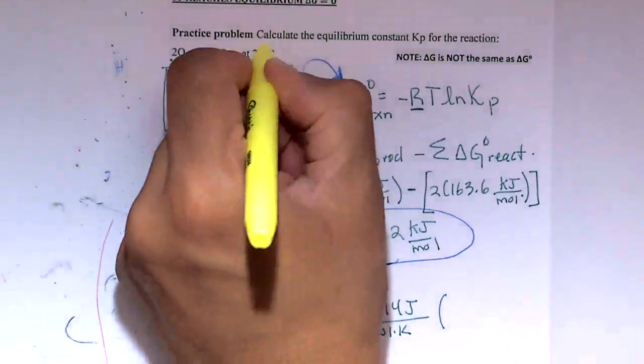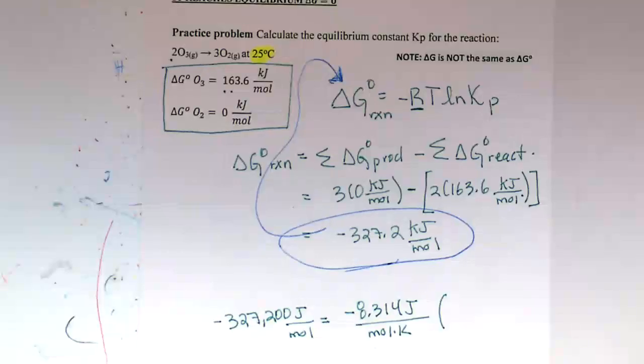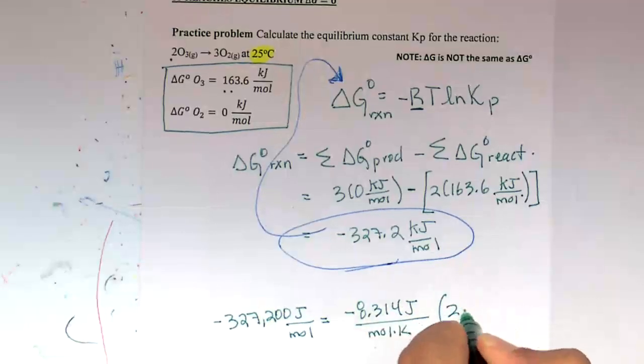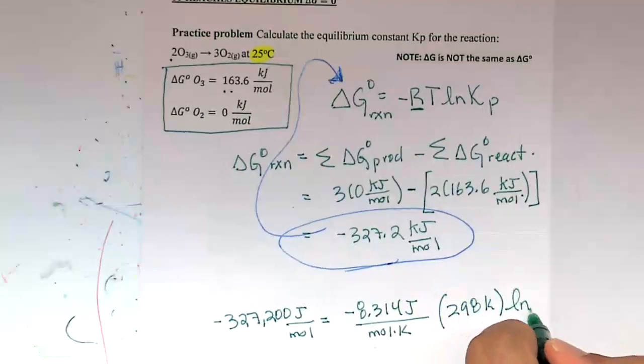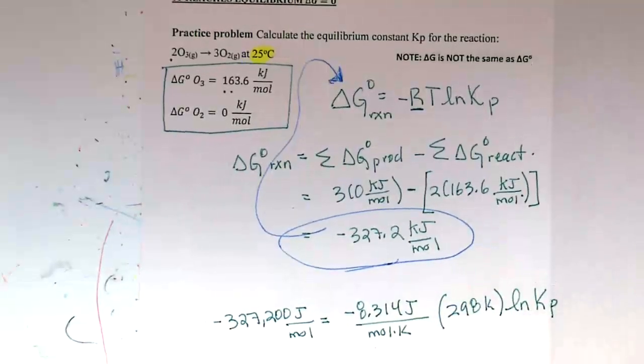T is our temperature, and that's 25 degrees C. But let's convert it to Kelvin, and that will make it 298 Kelvin. And then natural log of Kp.